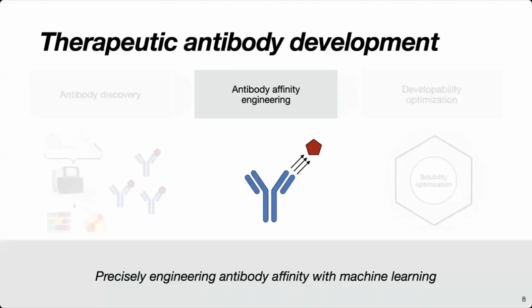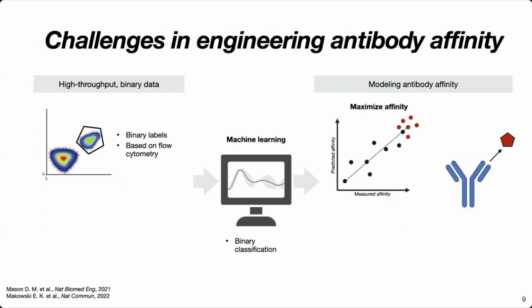And this was essentially the motivation behind the project that I'll be talking about today, which focuses on antibody engineering, so the second step in the therapeutic antibody development. And it was about precisely engineering antibody affinity with machine learning. So as we now know, machine learning models require sufficient amounts of labeled training data.